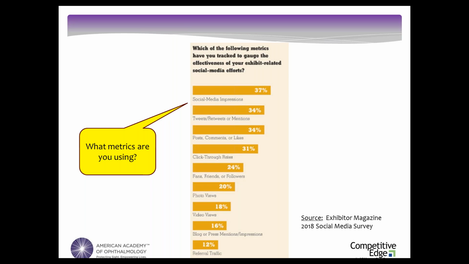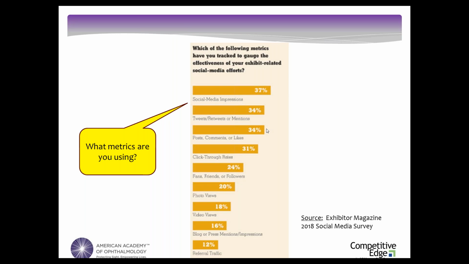And one thing I did find is that when I posted video, the number of views doubled versus just posting text or imagery with copy. So video drives up the number of views, which we'll talk more about as we go through today's webinar. Number 2 was tweets, retweets, or mentions.